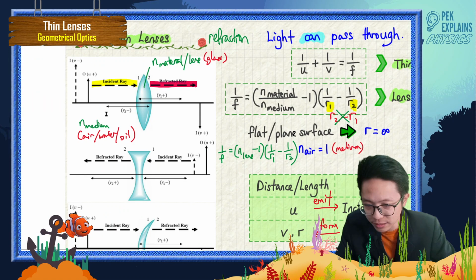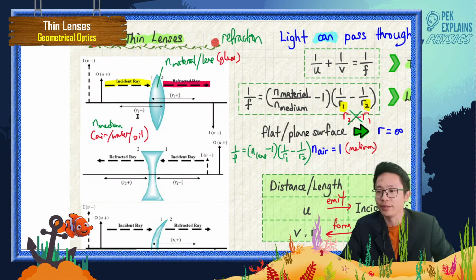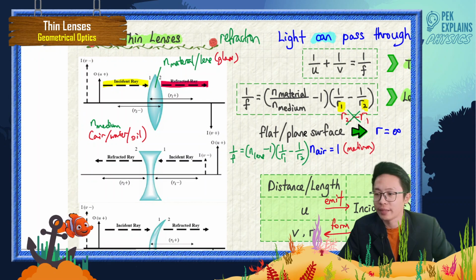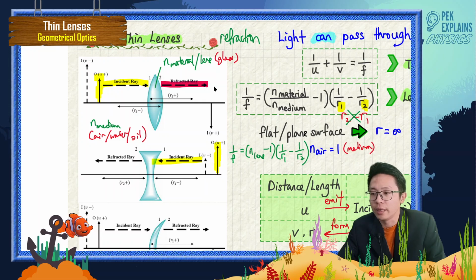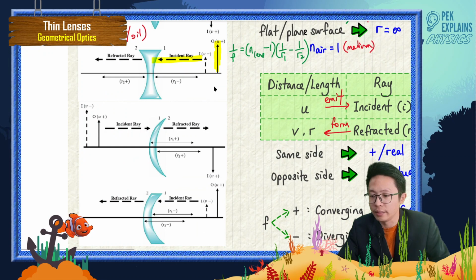Now let's look carefully. First, I draw the incident ray. I draw the object. Yeah, the object is over here. So the incident ray comes from here and the refracted ray comes from here. So for this one, the object is over here, so the incident ray is over here. Okay, and then I need to draw first.